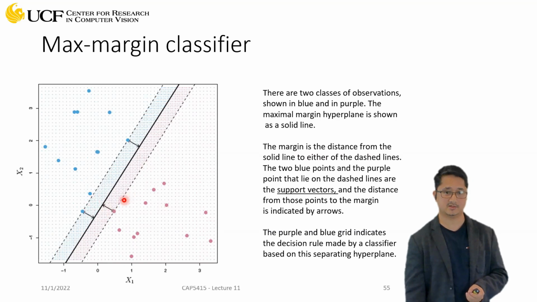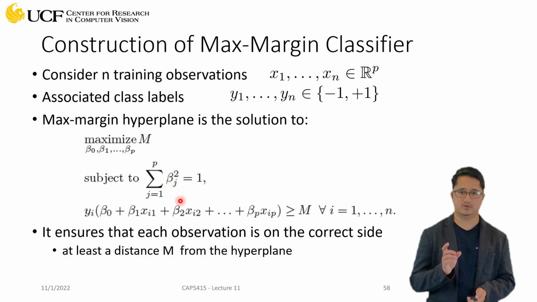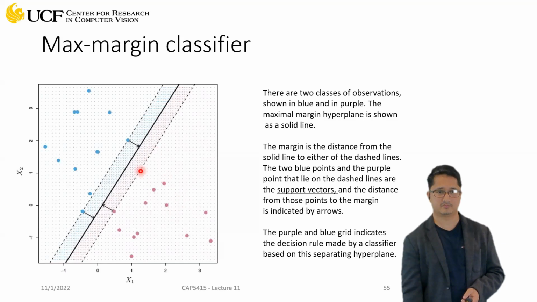The distance between this hyperplane and the support vectors should be maximized. So what we can do is we just try to maximize this margin, and these are the constraints, like your training samples.